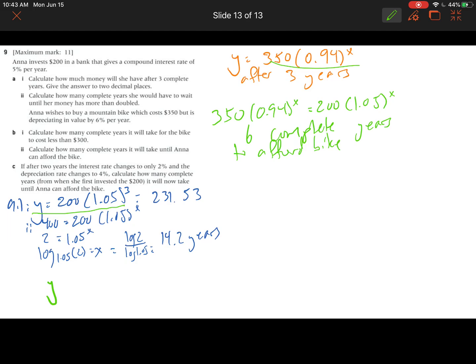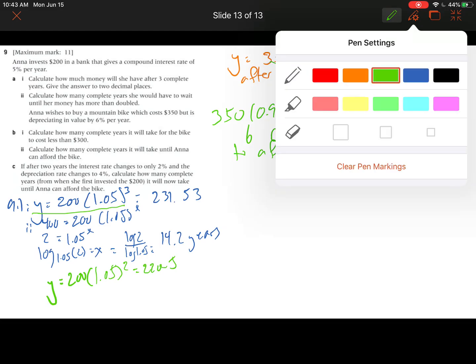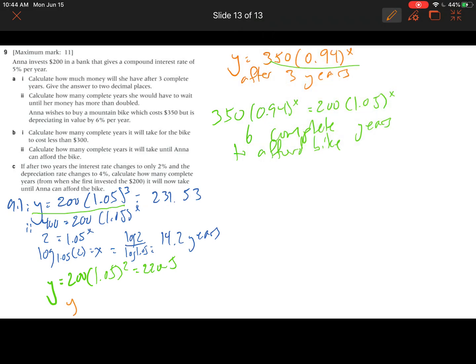Okay, so then I need to figure out what her account is worth after 2 years, which is 220.5. I also need to know how much the bike is going to be after 2 years.